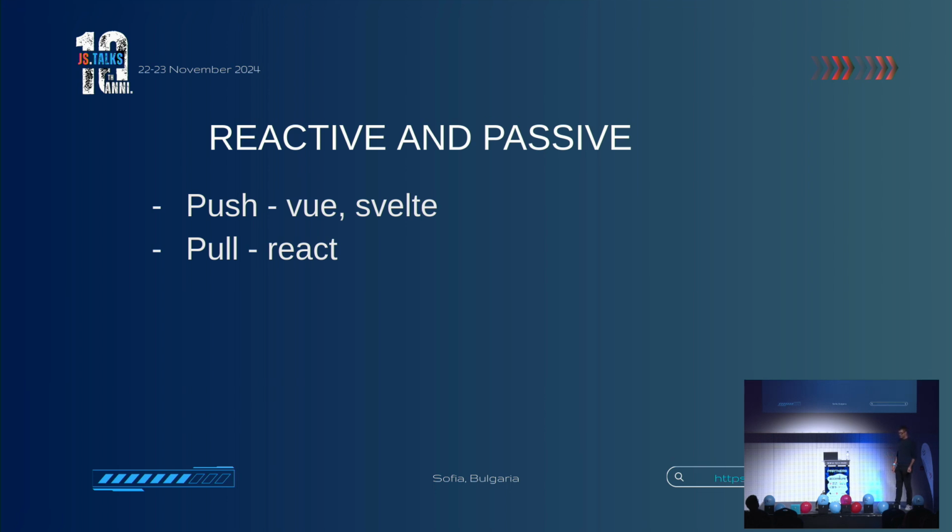I've mentioned here that Vue and Svelte behave in the push realm. That's just to illustrate, because while React is called React, it's not reactive. Whenever we are actually scheduling updates, whenever we call set state with a callback, or with just a value, you're queuing your updates in the scheduler of React.